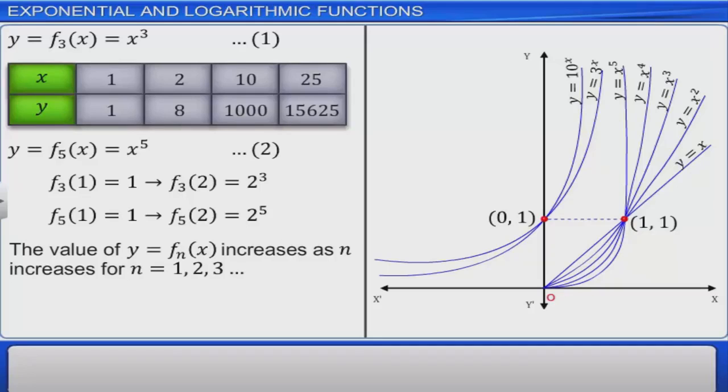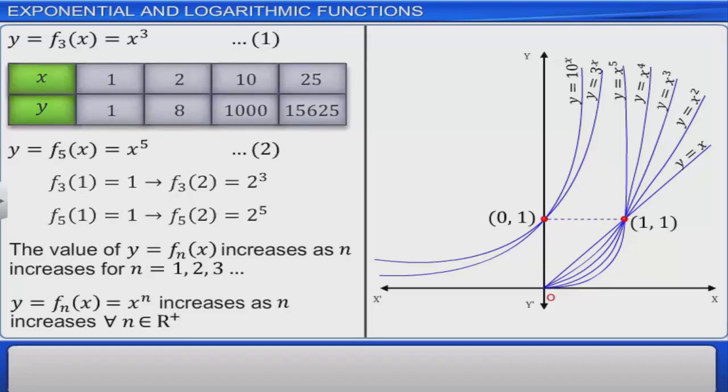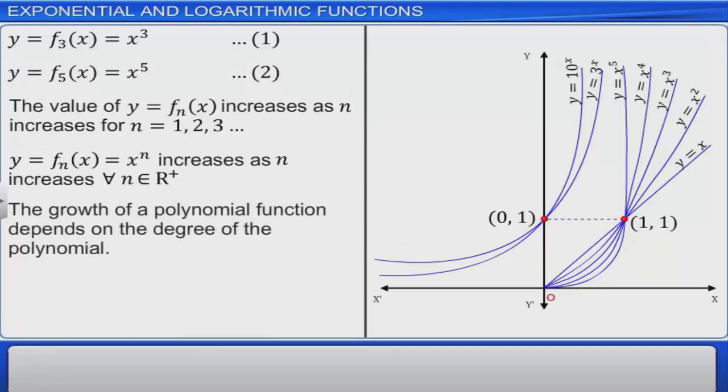Such a statement is true for all positive values of n, where fn of x is equal to x raised to the power n. Here, we can say that the growth of polynomial function depends on the degree of the polynomial. That is, the higher the degree, the greater is the growth of the polynomial function.